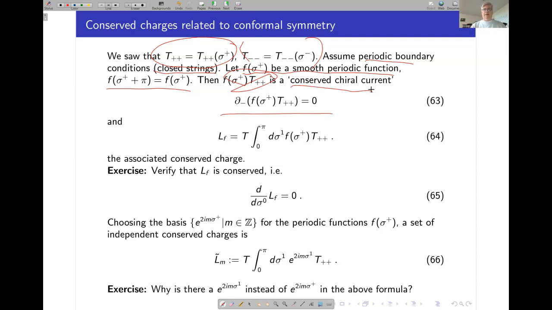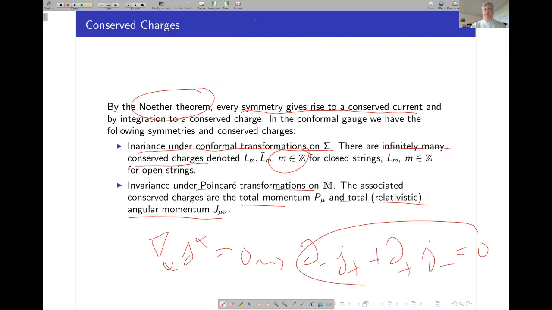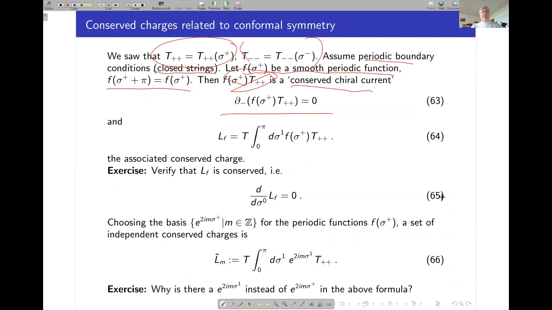We have seen on the page before how the current conservation equation on the worldsheet looks, but due to this decoupling, we can have more special chiral conserved currents where these terms here vanish individually rather than just as a sum. So we have a conservation equation in each so-called chiral sector.